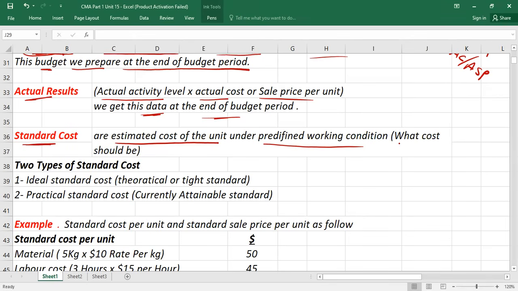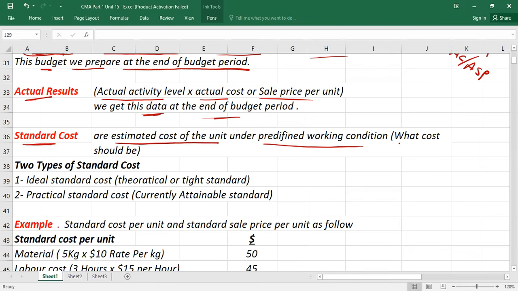Predefined means, for example, if you have this type of labor, this type of material, this kind of machinery, then what would be the estimated cost of one unit? That is called standard cost. Understood? Don't worry about this, standard cost will always be given. It's an estimated cost.